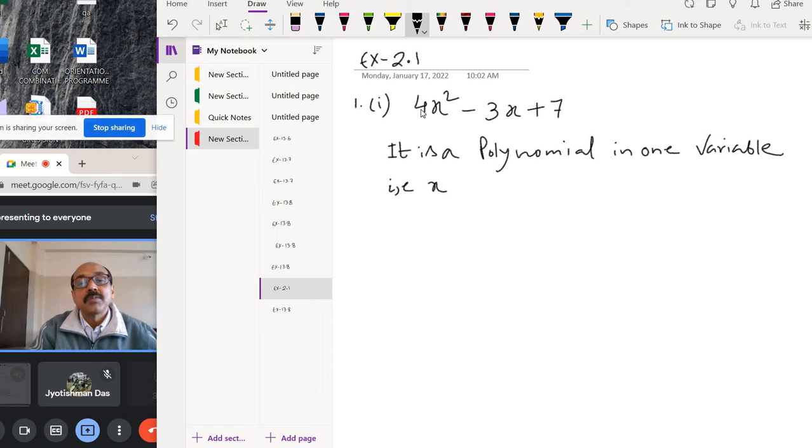Okay, and the exponent of this expression, x square, 2 is a whole number, x power 1, whole number, so it is a polynomial in one variable. Okay, next.